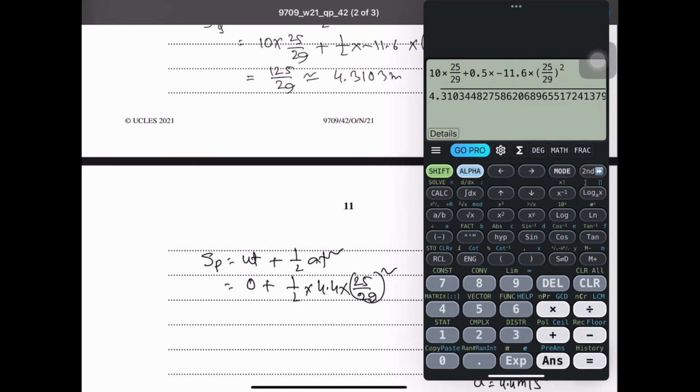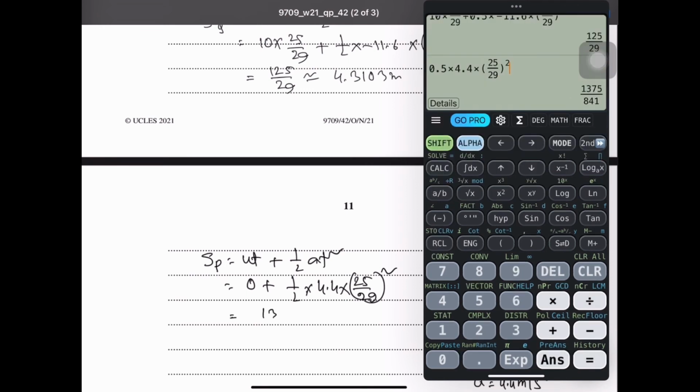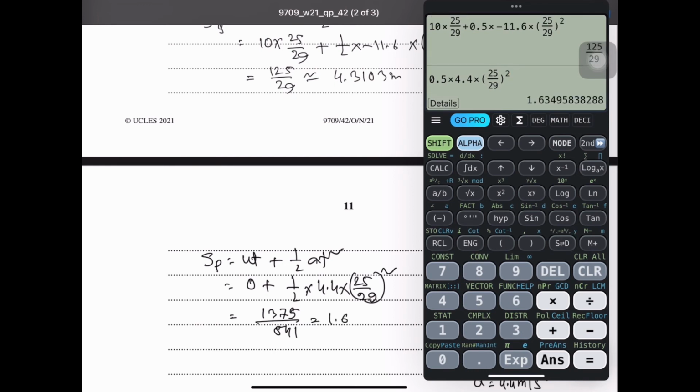That means it's traveling a distance of 0.5 into 4.4 into (25 over 29) whole square. So its distance is now becoming 1375 over 841. In decimal it is becoming 1.635.